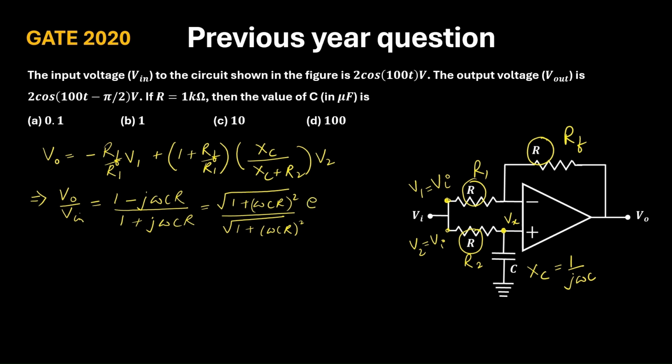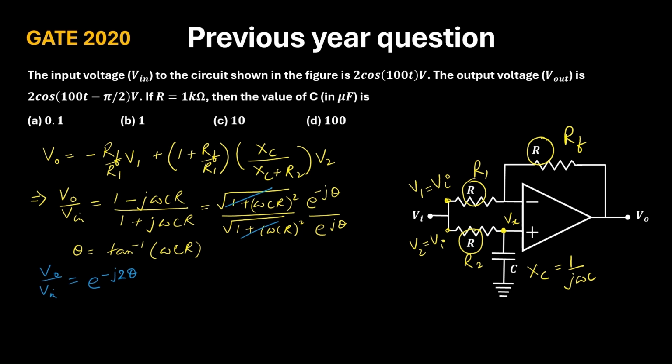And for the numerator, I'm just denoting the phase by theta here, and here also you'll have j theta, where theta is equal to tan inverse of omega CR. Now, these two will cancel out. So, V naught by V in is equal to e to the power minus j 2 theta.